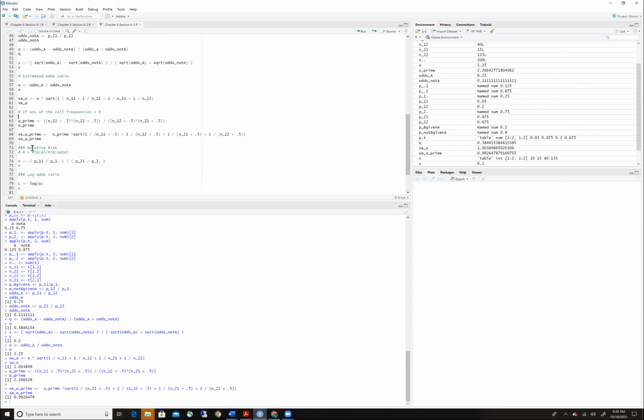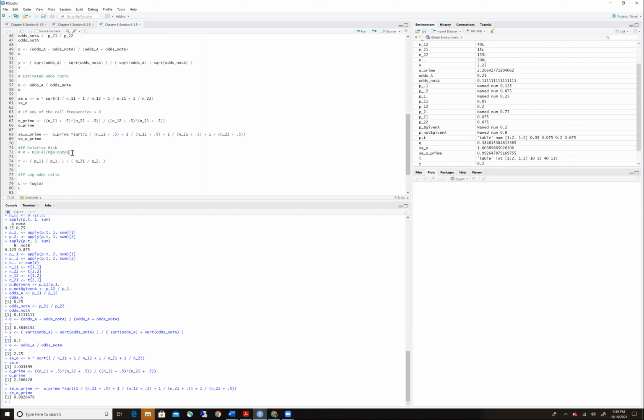The relative risk is defined by the probability of B given A divided by the probability of B given not A. So relative risk is only similar to the odds in cases where the prevalence is very, very small. But in other cases, these really do measure different things.